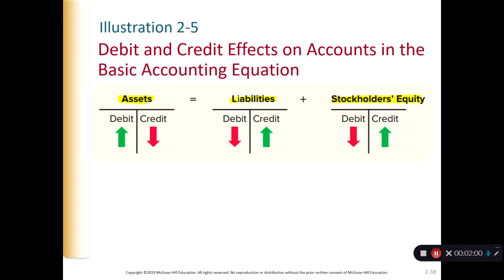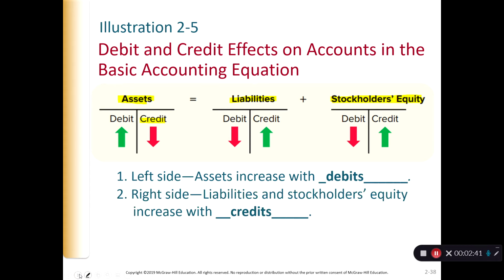When there is an increase in liability accounts, we use credit to record that increase. When there is an increase in stockholder equity, we use the credit side to record that increase. On the other hand, when there's a decrease in an asset account, we use a credit to record the decrease. And because asset and liability are opposite, when there's a decrease in liability, we use the debit side to record it.